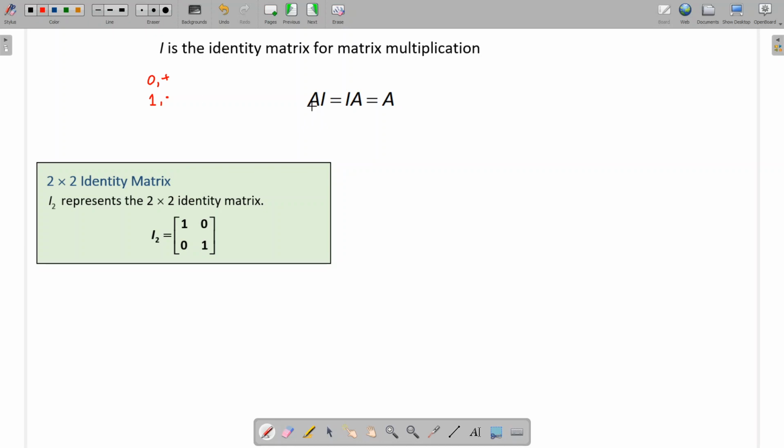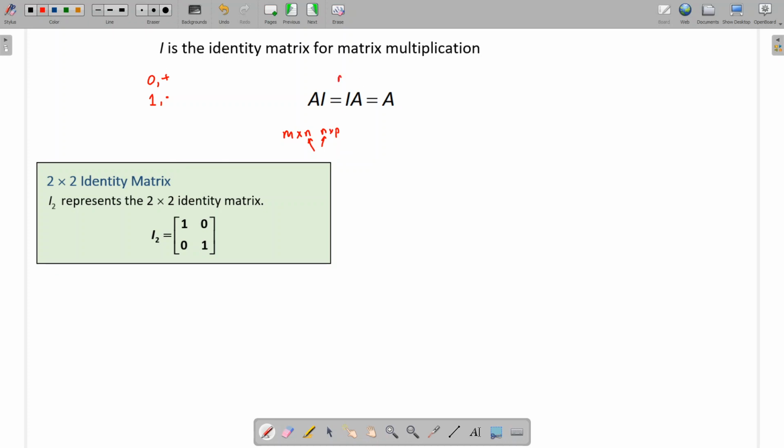So what do I mean by that? Well, remember, for matrix multiplication to be defined, the matrices have to have the correct dimensions. Let's say that matrix A is an M by N matrix. And let's say that matrix I, in order for that product to exist, would have to be an N by P matrix. The number of columns has to equal the number of rows of the second matrix. But we're saying that the other product also has to exist.